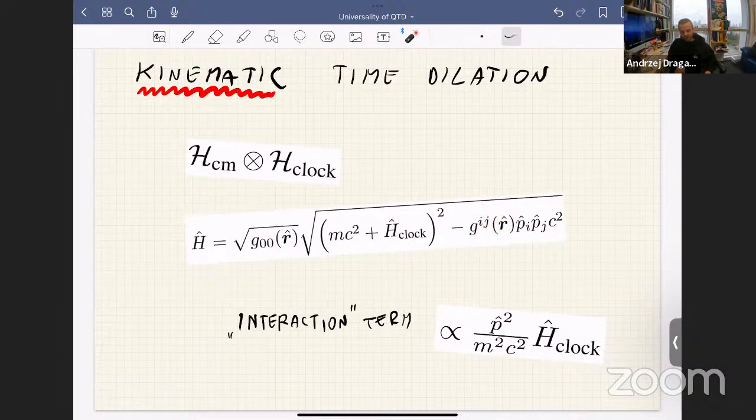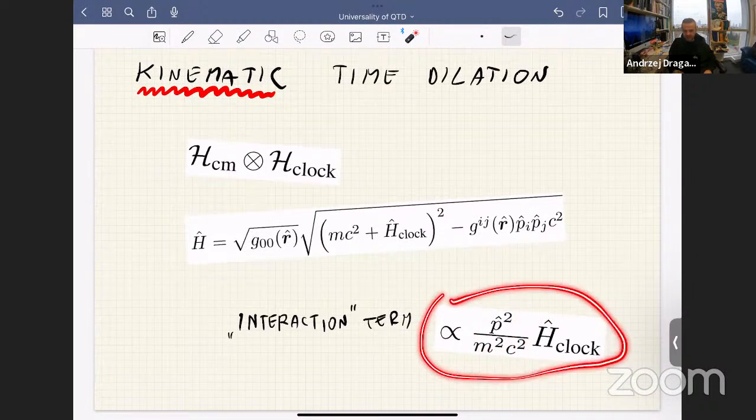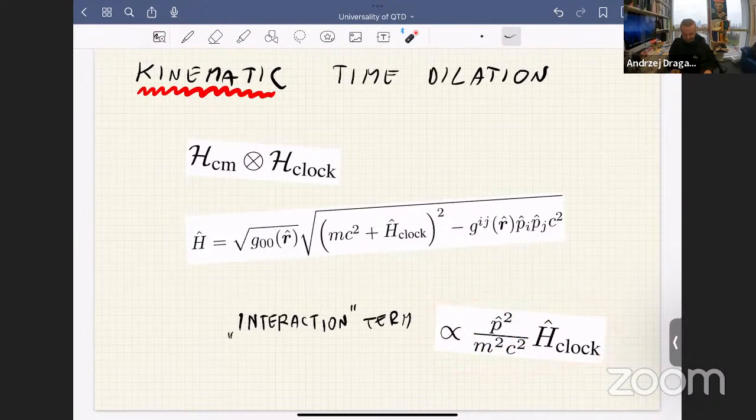This is a trivial contribution. And we only consider clocks that are in superposition of different velocities, not two different positions in a gravitational field. Then when you expand this Hamiltonian into some sort of series, you take the first non-trivial terms. The first non-trivial term that mixes up momentum degrees of freedom and clock degrees of freedom is of this form, p squared times the Hamiltonian of the clock.